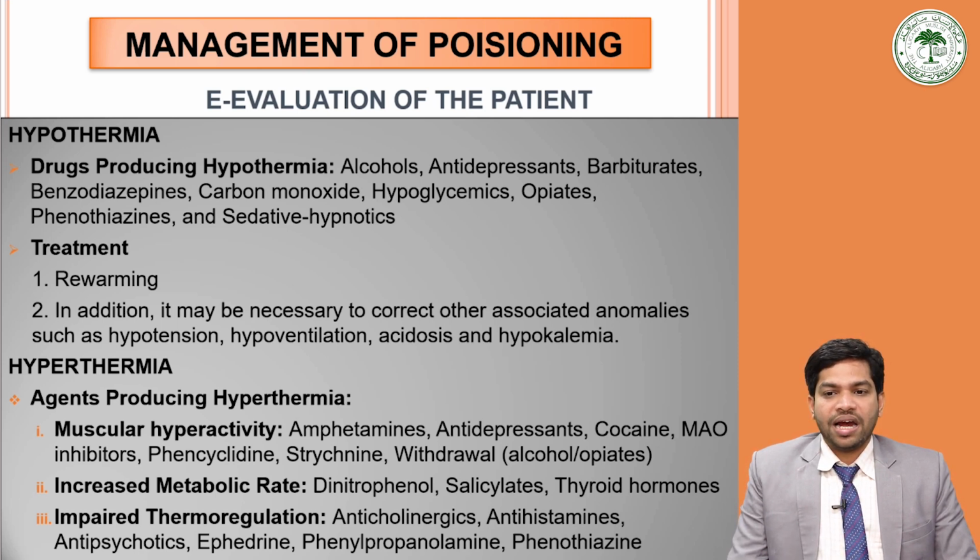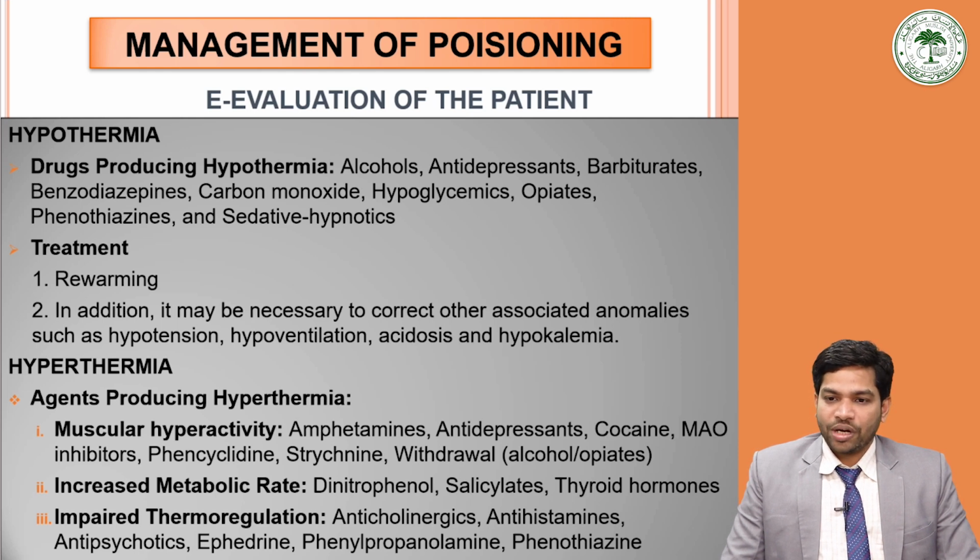Heating the inspired air is also recommended by some as very effective in raising the core body temperature. Others advocate gastric lavage with warm fluid or peritoneal lavage with warm dialysate. In addition, it may be necessary to correct other associated anomalies such as hypotension, hypoventilation, acidosis, and hypokalemia.